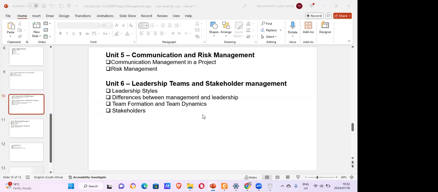We are going to look at stakeholders. When you hear stakeholder, it's just someone who's got an interest in a project. Anybody, whether an individual or an organization, that has an interest in the project is called a stakeholder.